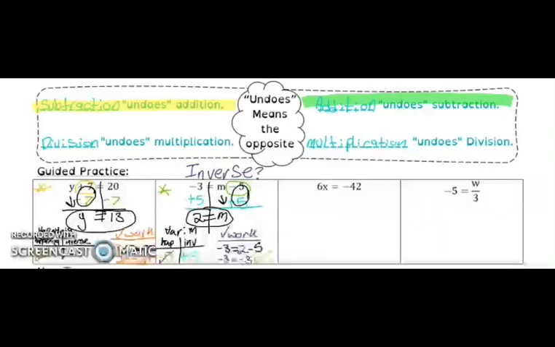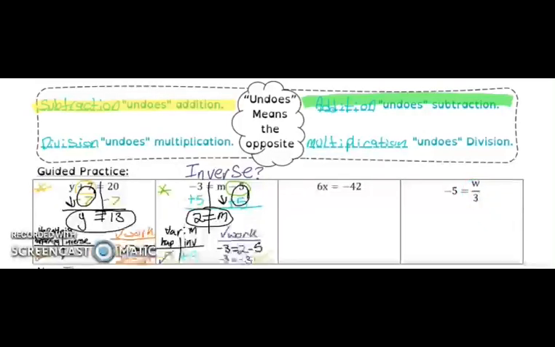All right, so how you can tell that a problem is multiplication is that it has a number directly next to a variable with no space, no symbol in between. It's just a number and a variable smacked together, okay? How you can tell it's division is that it looks like a fraction. If it looks like a fraction, it is division.